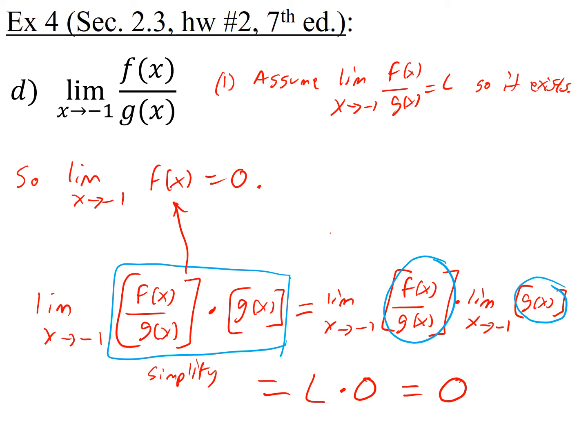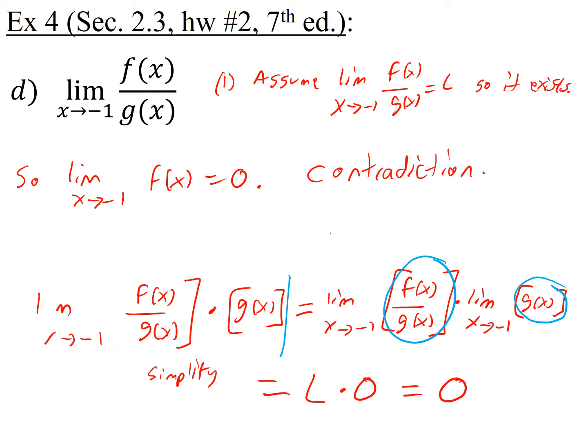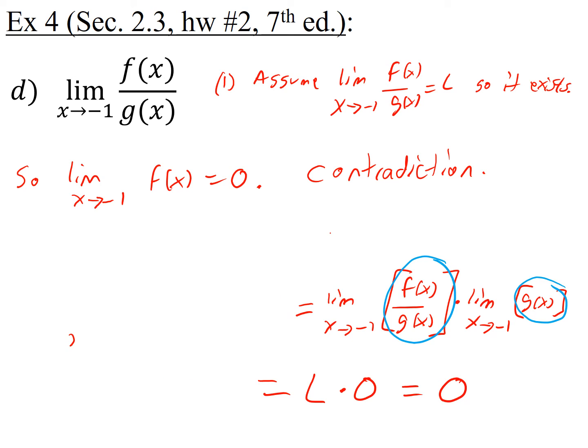Now that's definitely wrong. That's a contradiction. Why? Because earlier I showed you that the limit of f was -1. It's not 0. So it's a contradiction. Okay, so we assumed that the limit of f over g existed. Remember, we thought the limit didn't exist, so we assumed that it existed.